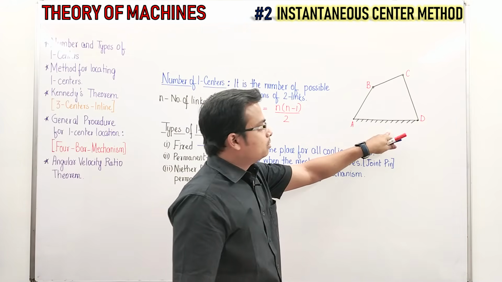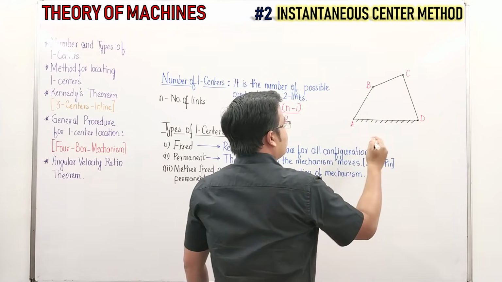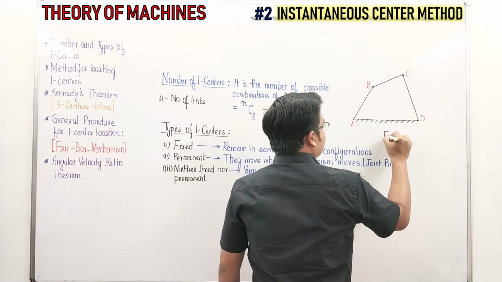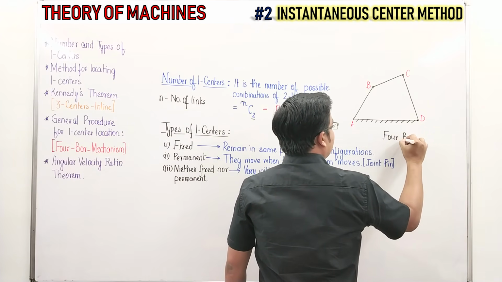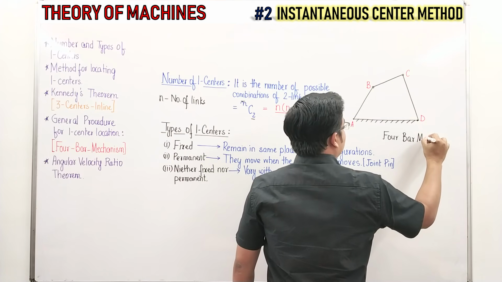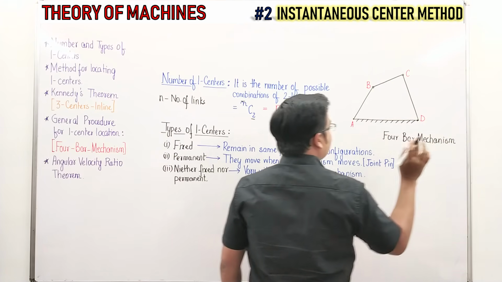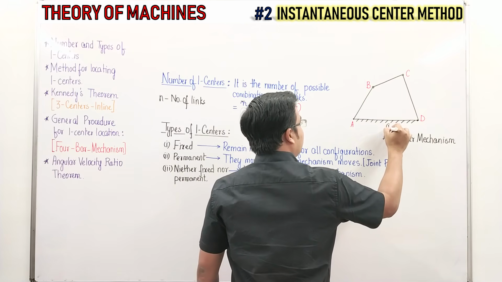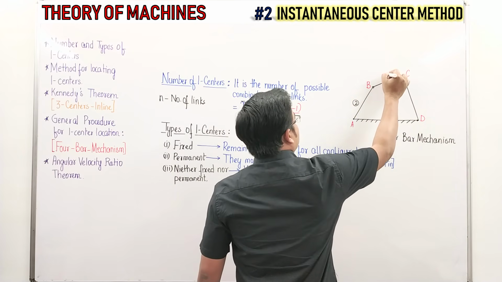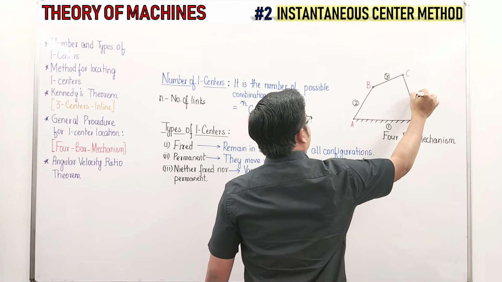Let us take up this case, and this is what you refer to as a 4-bar mechanism, isn't it? For a 4-bar mechanism, let us first try to calculate the number of instantaneous centers. If you watch carefully, there are 4 links. This is link 1, link 2, this is link 3 and link 4.